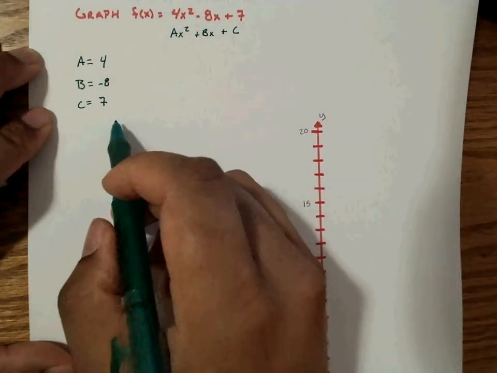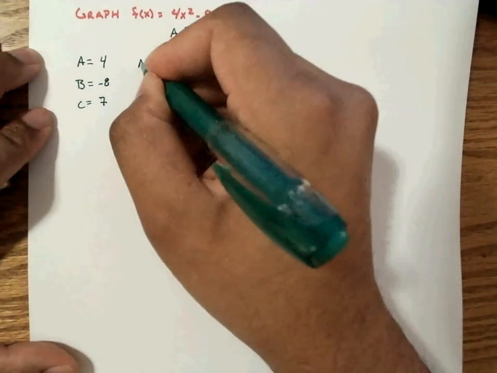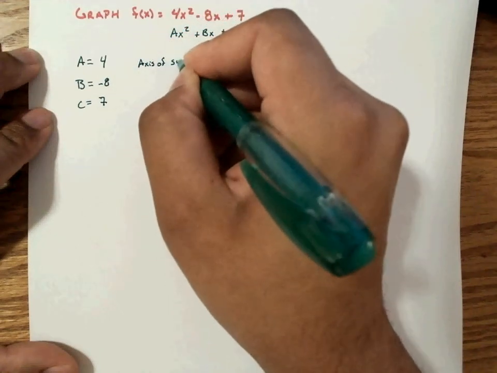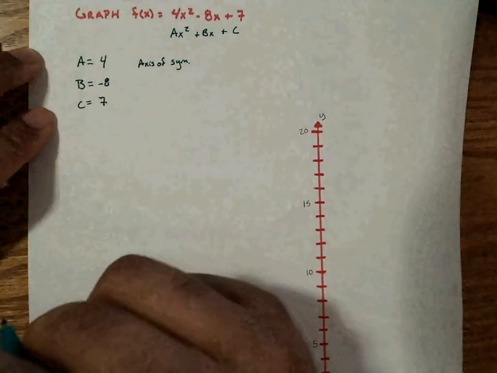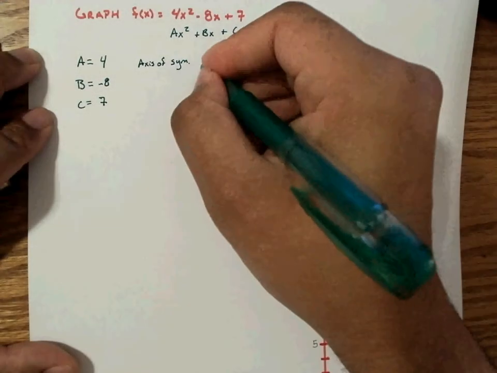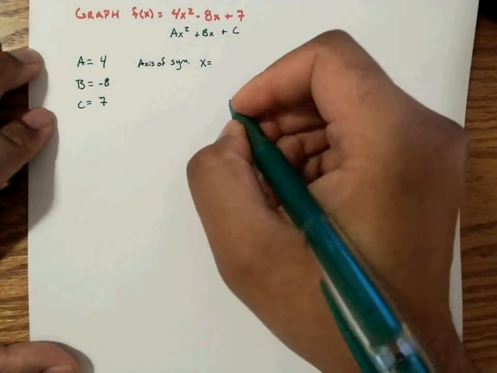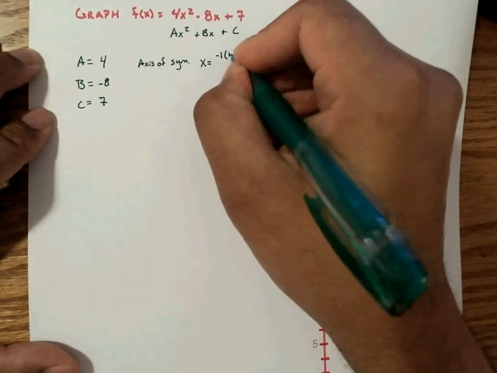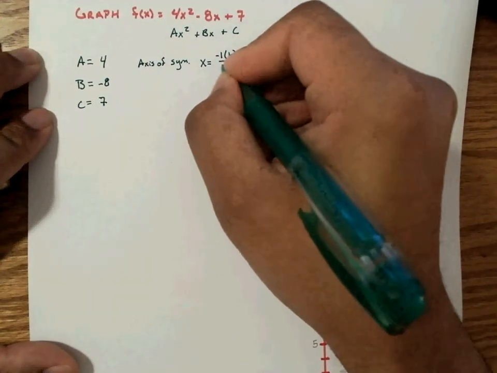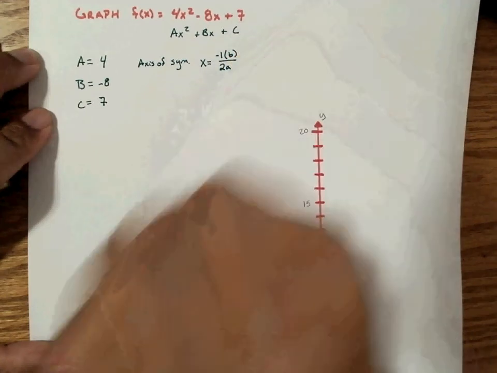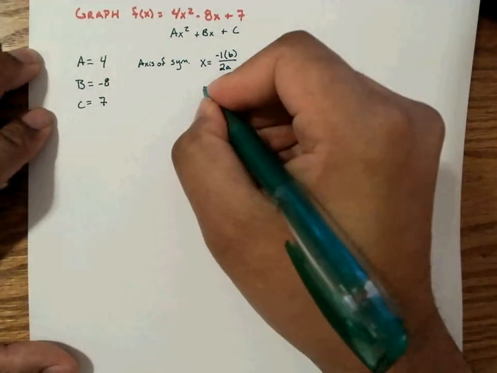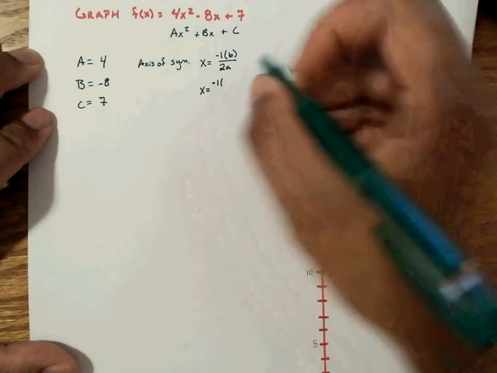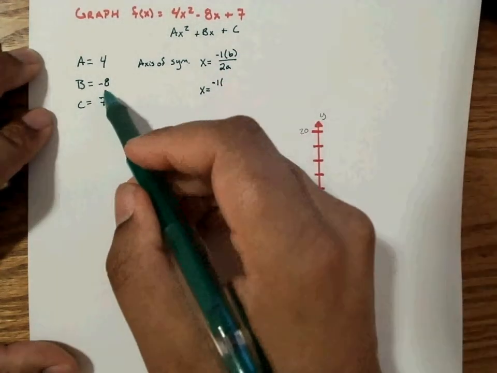Once we find our ABC, we want to go ahead and find our axis of symmetry. And the formula for that is x is equal to negative 1 parentheses b all divided by 2a. So we end up with x is equal to negative 1, and now we're going to plug in our b, which is negative 8.